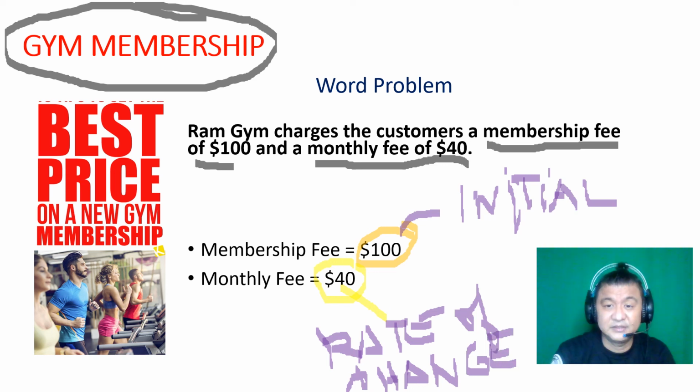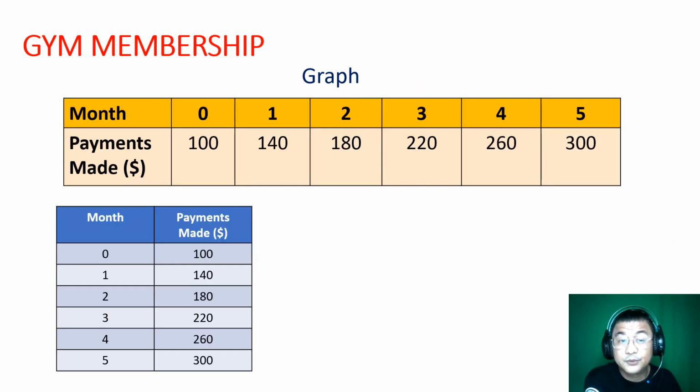So you saw that in a worded problem, you could easily identify those two. Now we're going to organize the gym membership information using two graphs, right? This is a horizontal graph while this is a vertical graph. Okay, so let's start with this first.